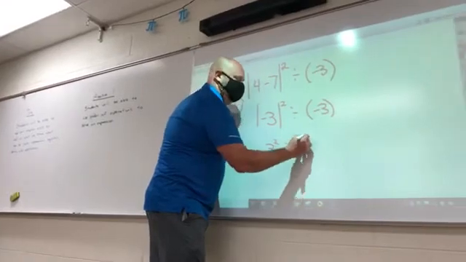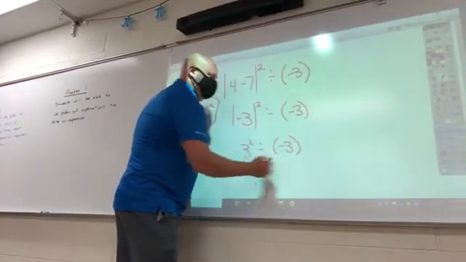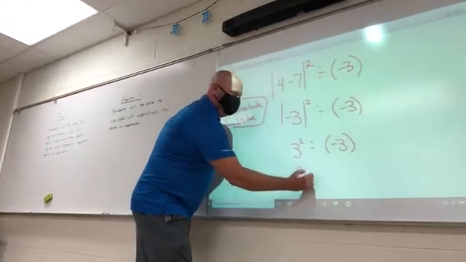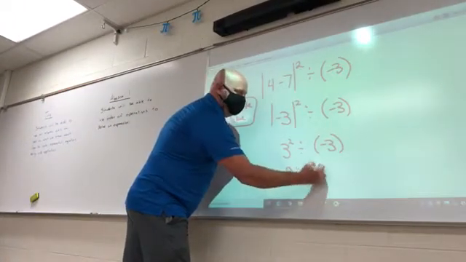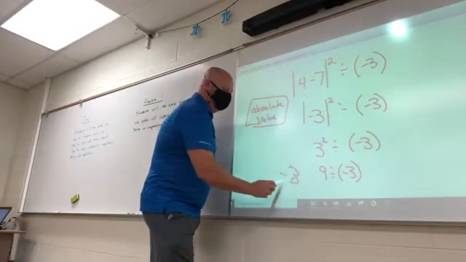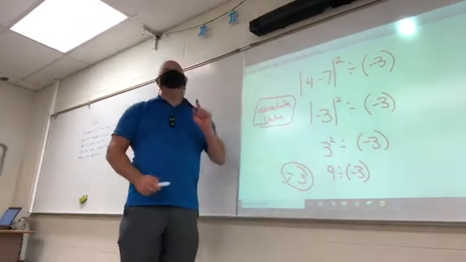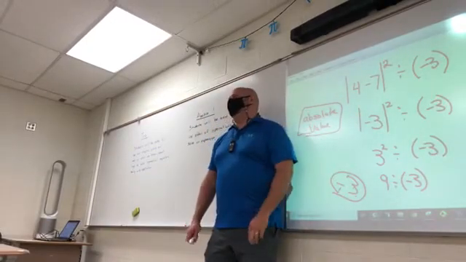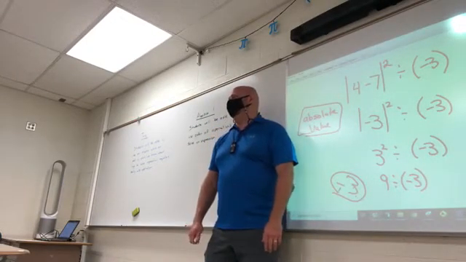Then I should square it. 3 squared is 9. 9 divided by negative 3 is negative 3, my final answer. Now, in this particular problem, are those absolute values really important? Why not?